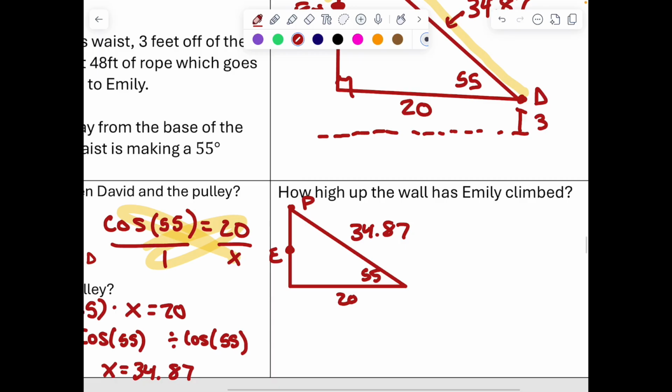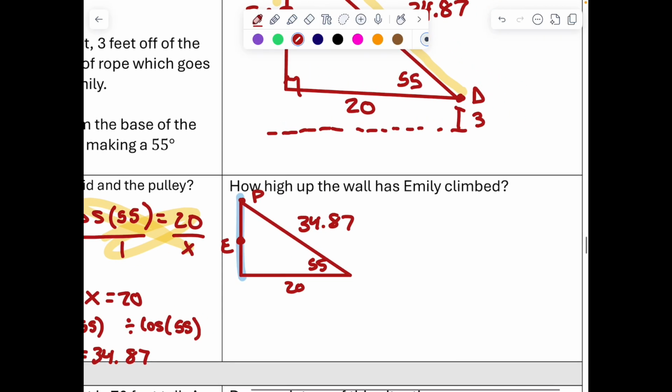Okay. Let's find this side of the wall. So this would be from the base of the cliff, or actually from 3 feet up the cliff to the pulley. So that would be the tangent of 55, I'm going to call that y there, would be equal to y over 20.